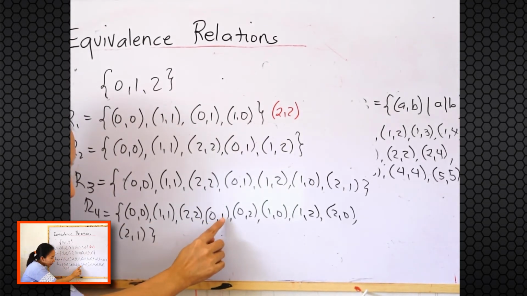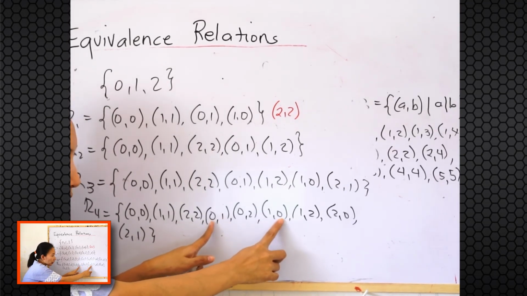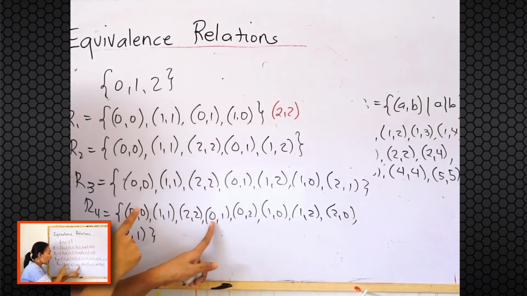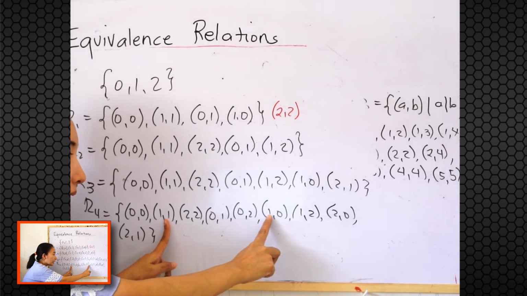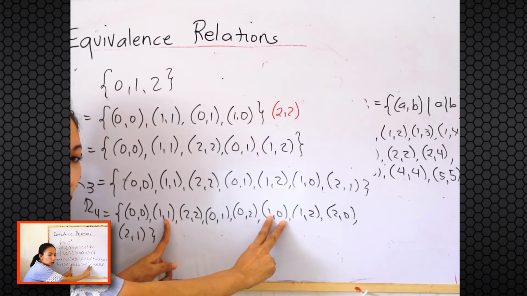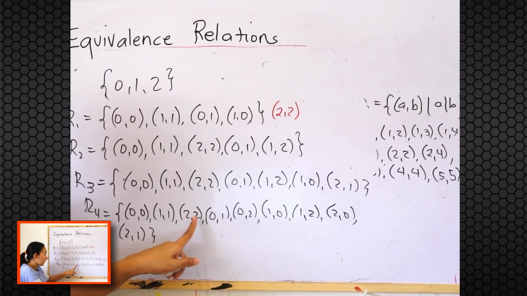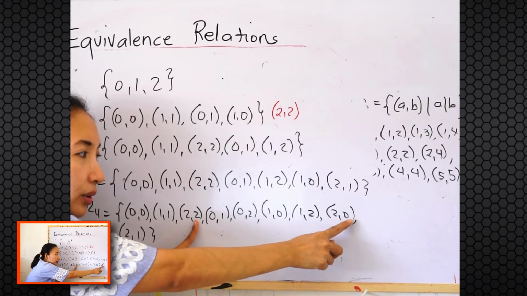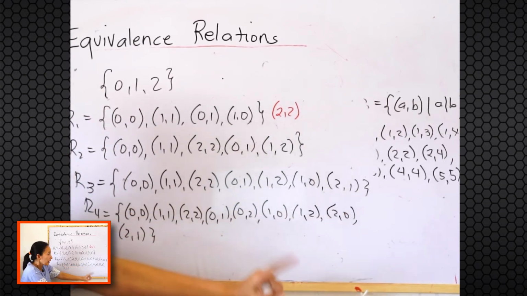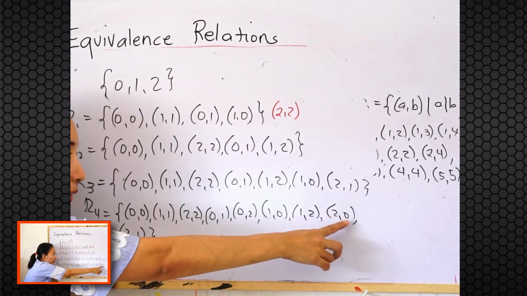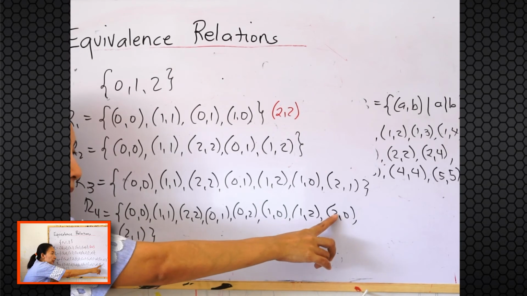If 0 is related to 1, and 1 is related to 0, therefore 0 should be related to 0. Do we have (0,0)? Yes. If 1 is related to 1, and 1 is related to 0, therefore 1 should be related to 0. Yes. If 2 is related to 2, and 2 is related to 0, therefore (2,0) should be a member of the relation. Yes. If 2 is related to 0, and 0 is related to 2, therefore 2 must be related to 2.